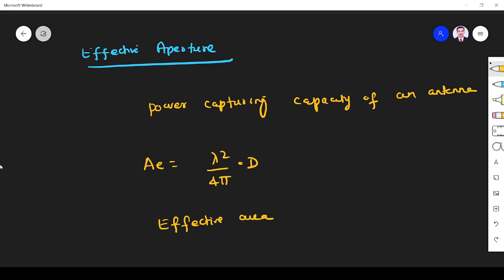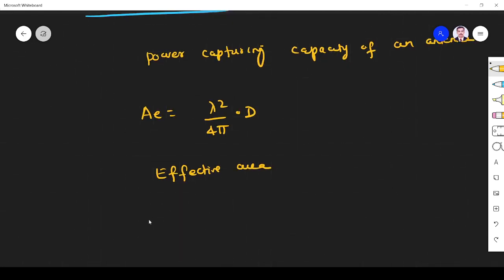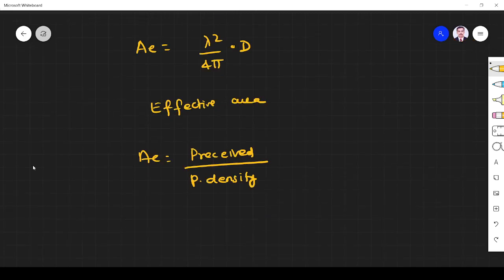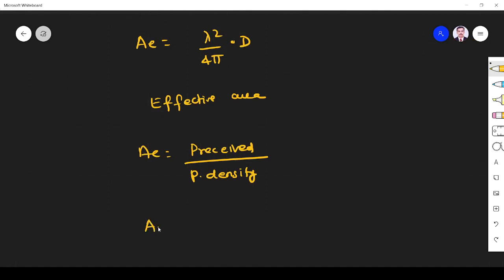Effective area is given by power received divided by power density. So that is another important thing. AE, effective aperture, I can write in terms of transmitted power.